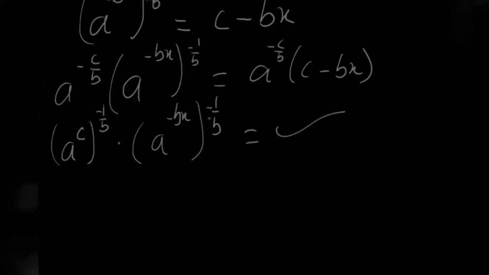Now because they are sharing this same power, we can rewrite this whole thing as a power c multiplying a raised to the power minus bx, all raised to the power minus 1 over b.